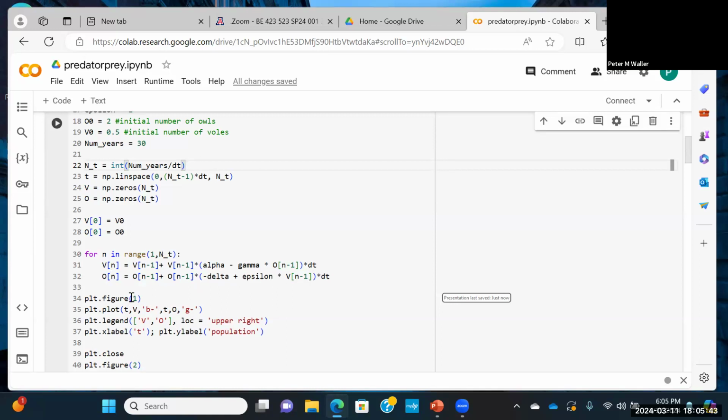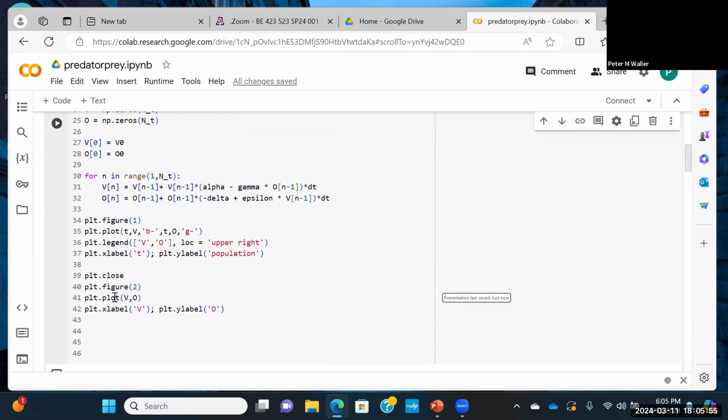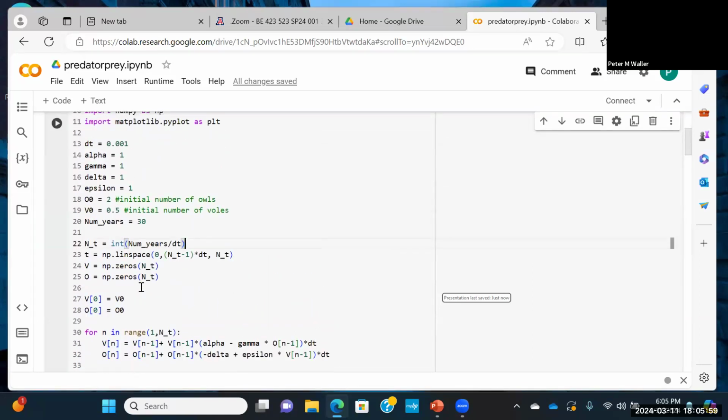And then you can plot. In the first case, we'll be plotting our time vectors. And in the second case, we'll be plotting V versus O.